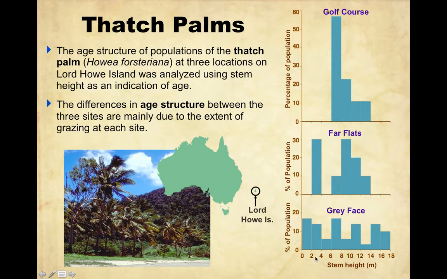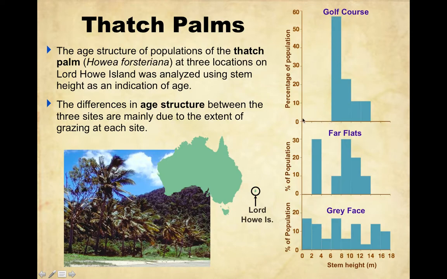And in the gray face, this is another place where there's grazing. You can see the impacts of grazing, okay? There's going to be populations of younger organisms, but not as high numbers of the young.